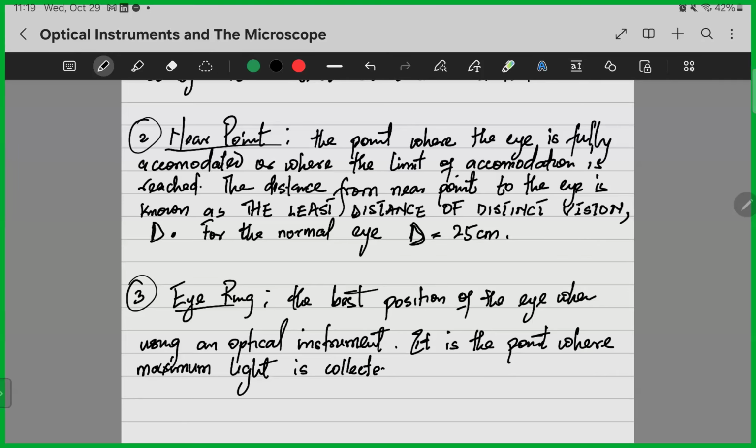The objective image is beyond 2F naught and less than the focal length of the eyepiece.